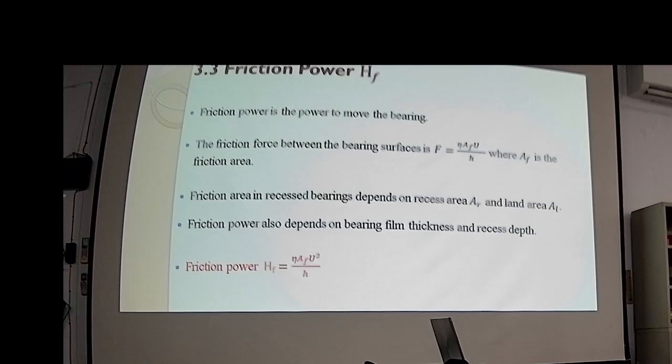The friction force for the viscous hydrostatic bearing surface uses this formula: the friction force equals the viscosity multiplied by the friction area multiplied by the bearing velocity divided by the film thickness.